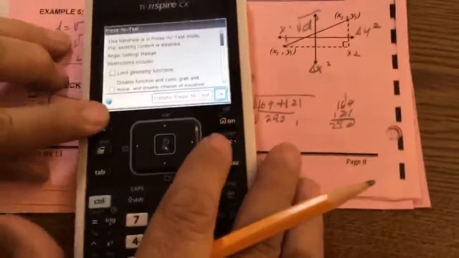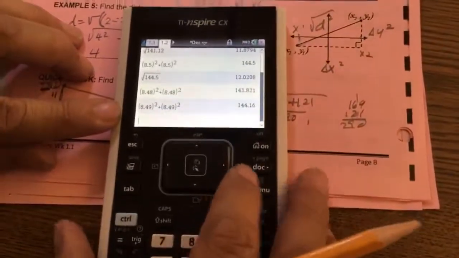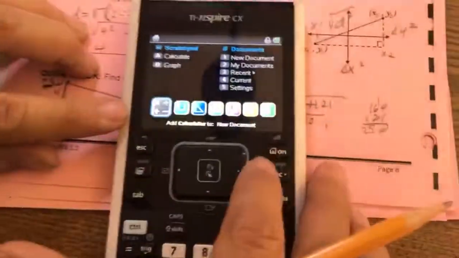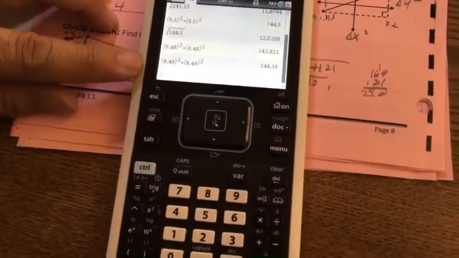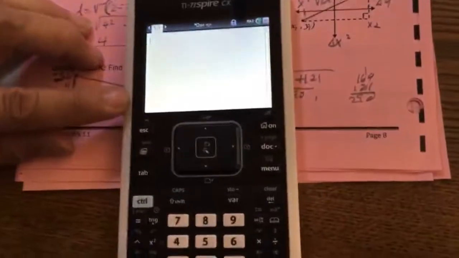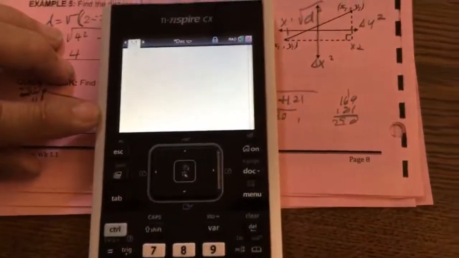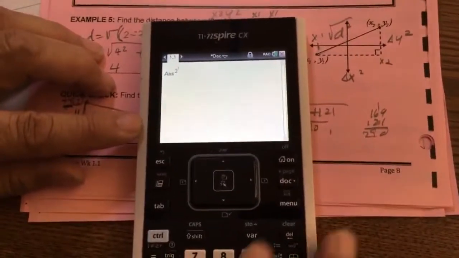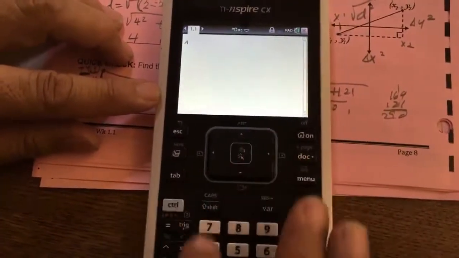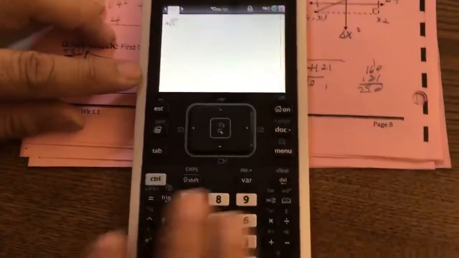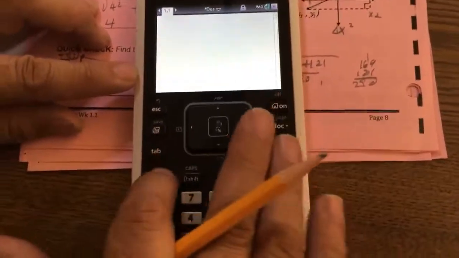Okay, so escape. What you want to do is go to the one, you want a new document, don't save the old one. And I'm going to add a calculator, and I'm going to take the square root, which is here, control square root. Why am I getting extra characters?